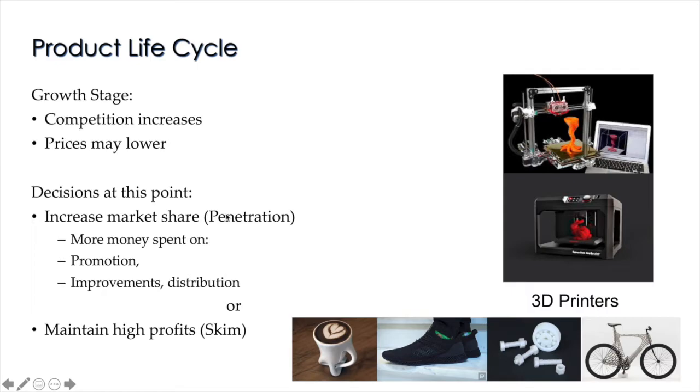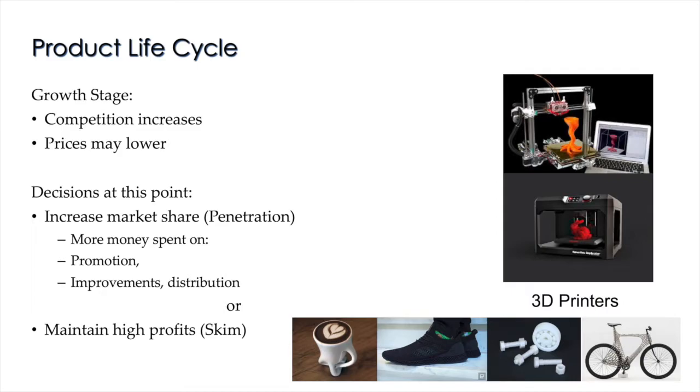That means we lower our costs and try to get as much market share as we possibly can. So we spend on promotion, improvements, and distribution. We really just try to blow this thing out as hard as possible. Or do we maintain high profits? That's called skimming. We can penetrate the market, or we could skim the market. People are buying it, we are able to maintain a high price, and we're getting a nice amount of profits.